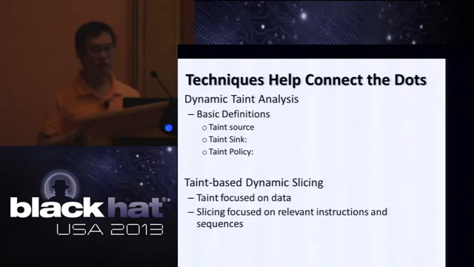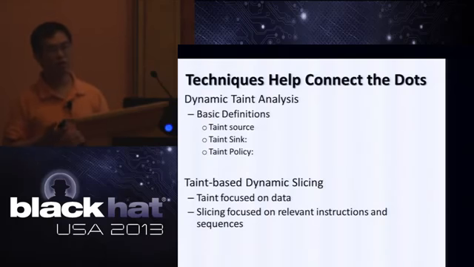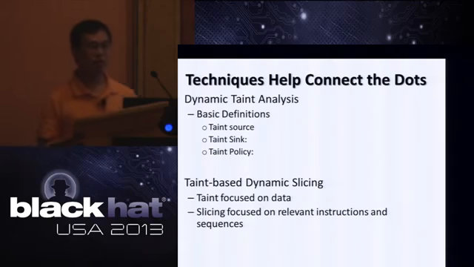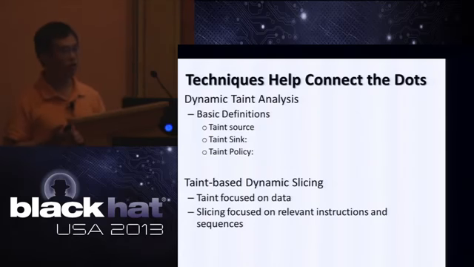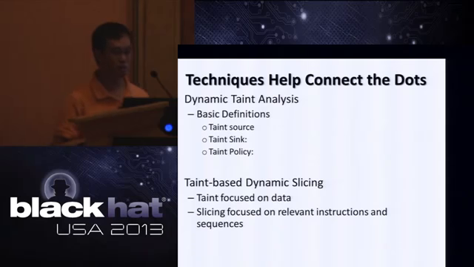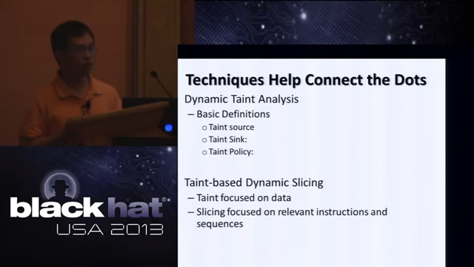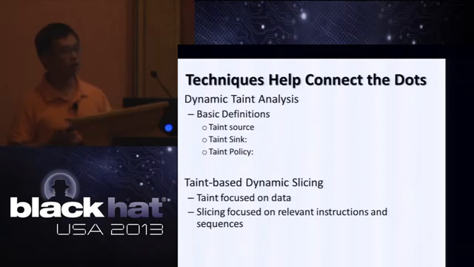In a vulnerability context, the taint source usually can be your input, the input that the user has control of. The sink could be the return address or EIP register, things that have security implications. The most commonly used taint policy is the data policy: your source somehow affects the value of your sink. Taint takes a data-oriented approach where you look at how the data flows, how the data moves.